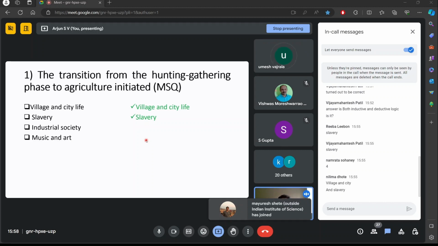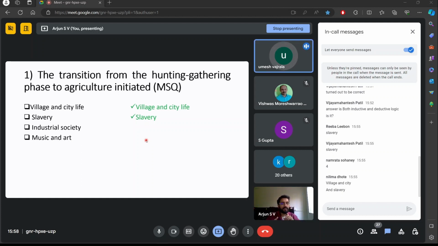One was modus ponens and one was modus tollens. So there were two correct options out of the four, and one was a form of modus tollens. Okay, sir, thank you.